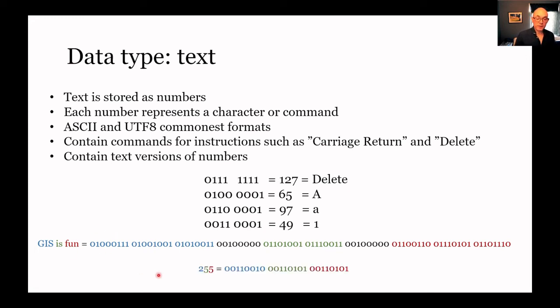So if we want to represent the number 255 as text, this is not even writing out two-five-five, but 255 in ASCII, for example, it becomes all of this. Alternatively, if you just want to write the number 255 in binary as an integer, it's just these 8 ones here.